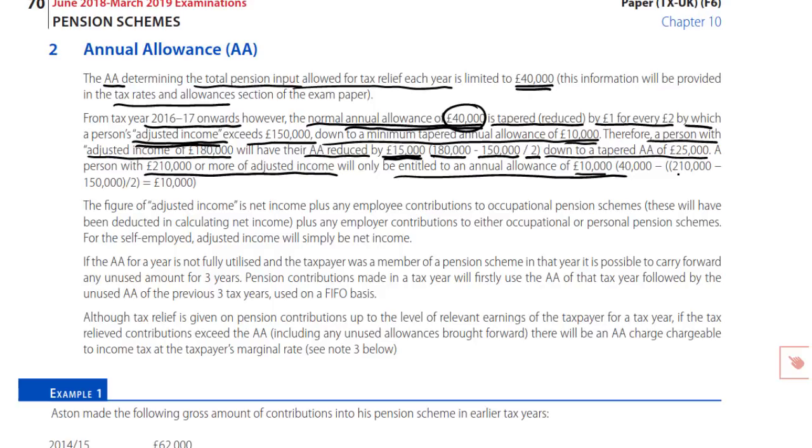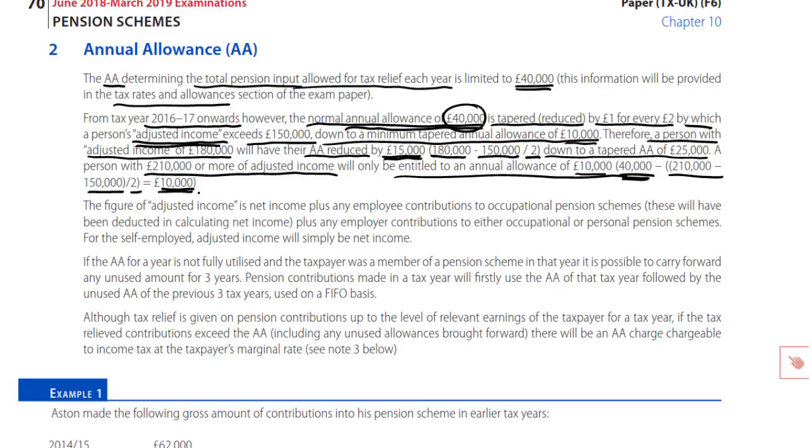Again, if it's 210 or more, 210 minus 150 divided by 2 is 30,000. Take it away from 40,000, 40 minus 30, there is your £10,000. So as soon as you see adjusted income of 210 or more, you already know what your annual allowance is. It's the tapered limit of £10,000.